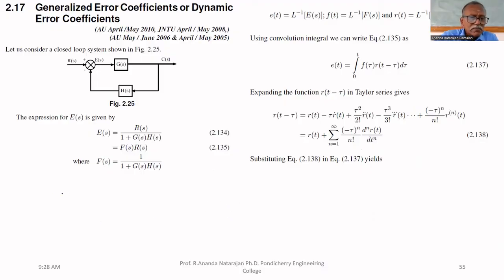We know that E of S equals R of S upon 1 plus G of S H of S. How did we get this?